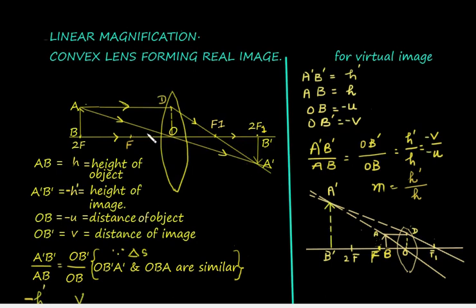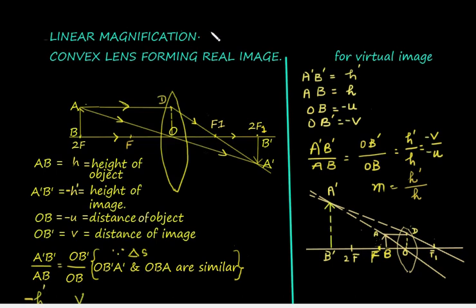Now OB is the distance of the object and it is negative u because the measurement is in direction opposite the direction of the incident light. OB dash is the distance of the image and it is positive v because the direction of measurement is the same as the direction of incident ray.